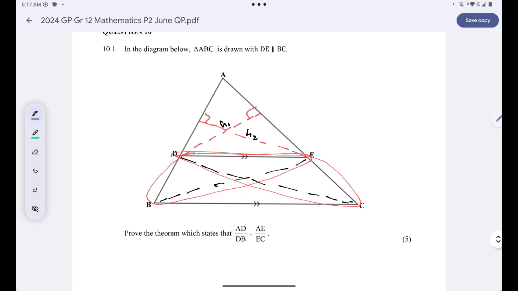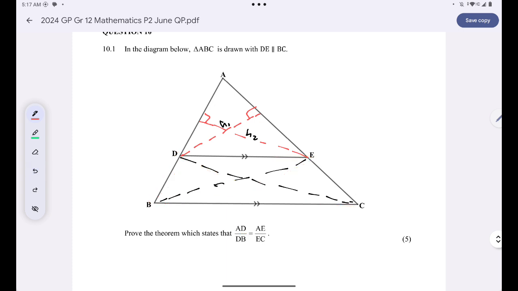Why? Because I have this side as my base here, and this side as my base there. Are we together? So the sides that I do not need are side DE and side BC. So that means I must construct another side.